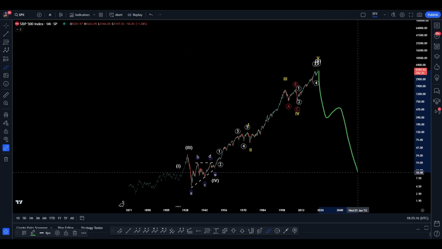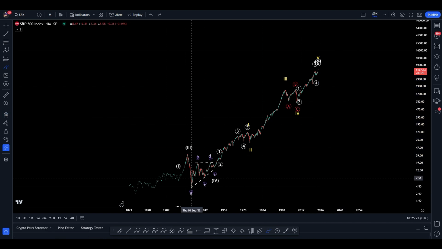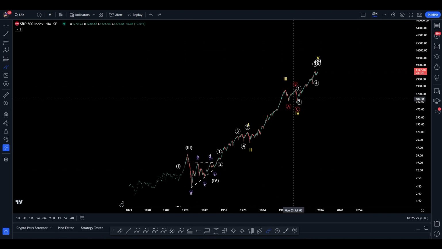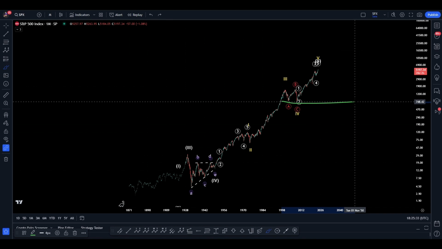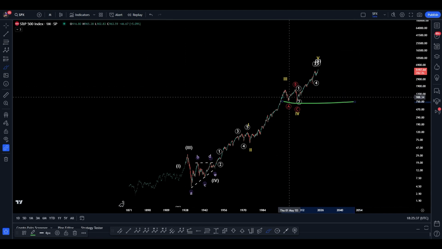And highly unlikely. The more likely thing that would happen due to the exponential growth of this is you would correct to here, which is the previous 4th wave of an extension. That's more likely what would happen.